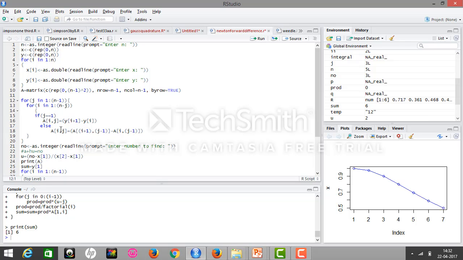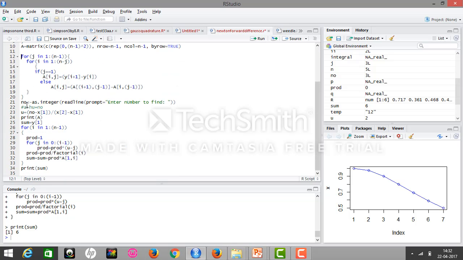Else a of i,j equals a of i plus 1, j minus 1 minus a of i, j minus 1, that is the subsequent differences are calculated and fed into the table. So now no is the number on which we want to find the point or the value in the table.